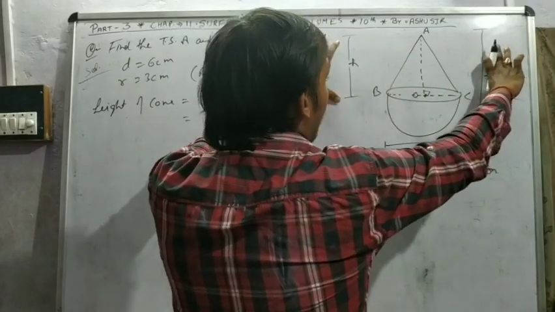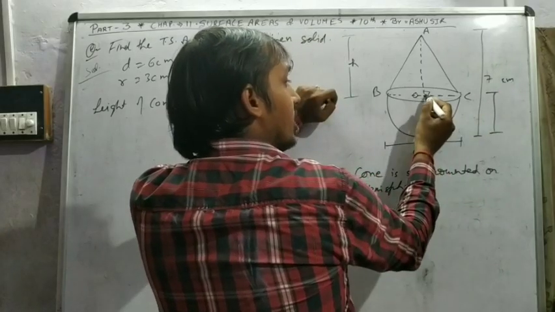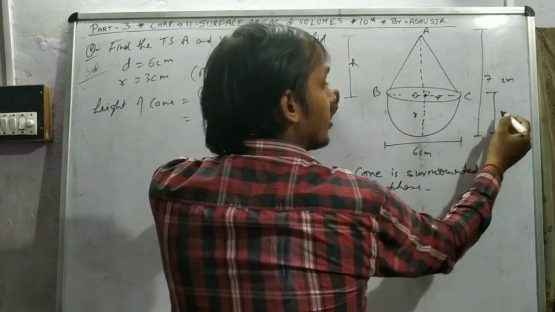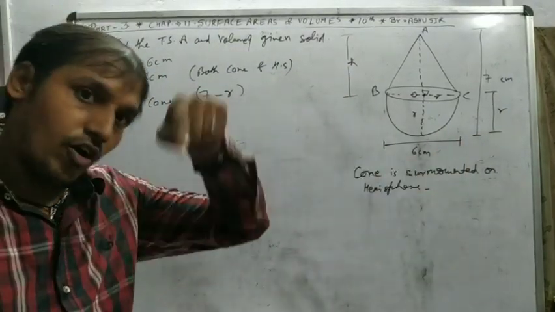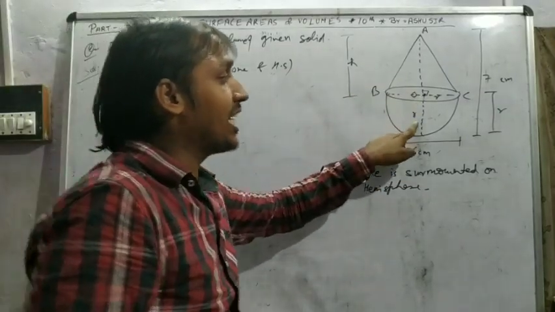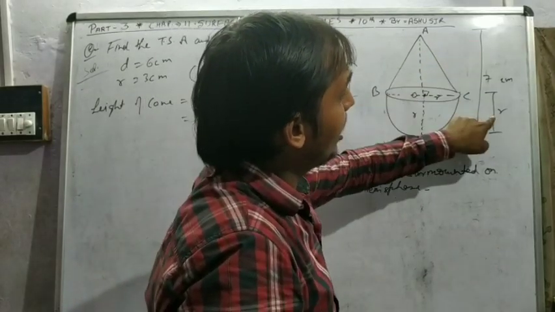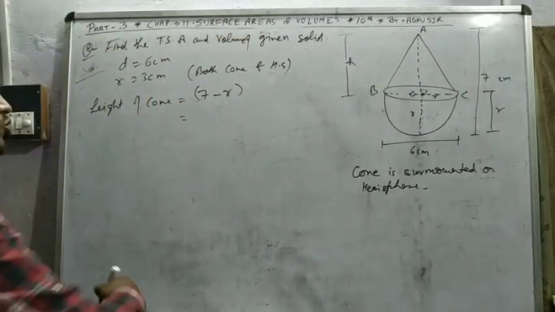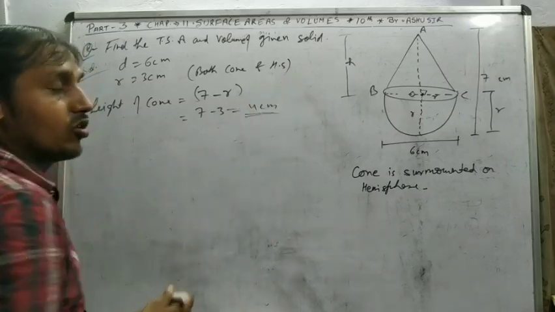Say, this whole subtract this part. And what is the value of this? This is the radius of the hemisphere. If you remember my formula, not in your book, my formula from when we explained in the video, the height of the hemisphere is the radius of the hemisphere. So if we subtract the radius from this whole height, we get only the height of the cone. So that is 7 minus 3, that is 4 centimeter, the height of the cone.